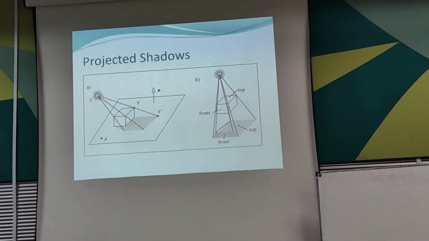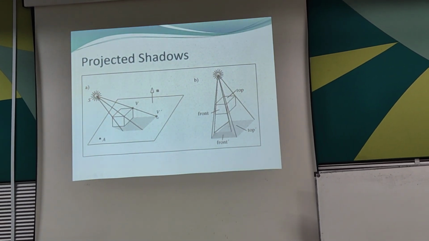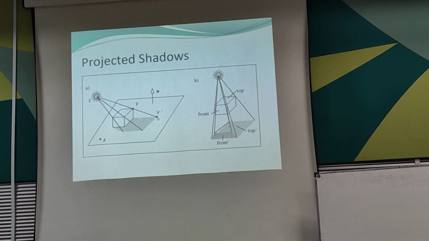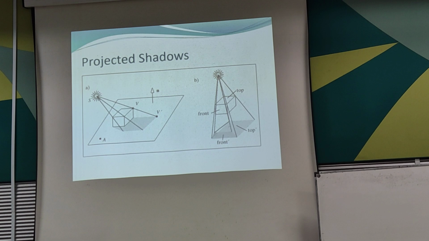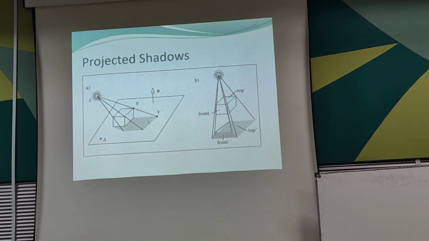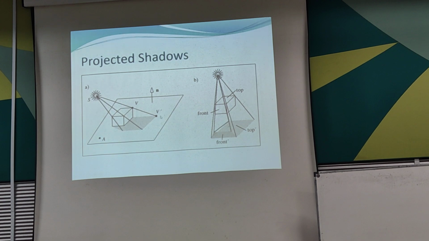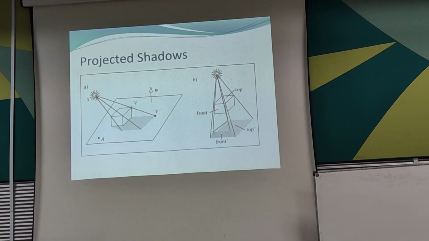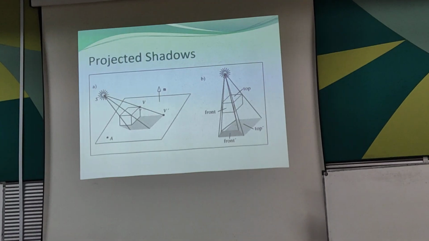Then the x and z of your shadow vertex will be opposite of your light source position. This is your object vertex, and this one is your shadow vertex. So we have the formula to get the shadow vertex by applying the squish matrix onto your object vertex.